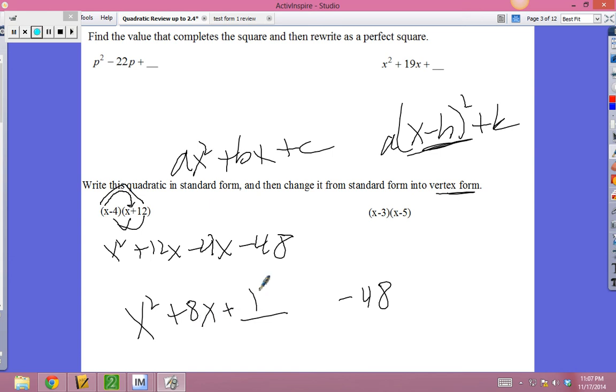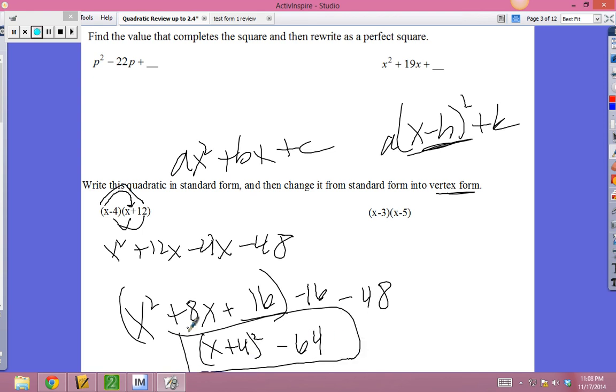Square it, 4 times 4. I want a 16 badly. So I'm going to add my own 16, and then I'm going to take it right away, because if I add 16, take it away, that is adding 0. Adding 0 does not change anything mathematically. So I can write this as x plus 4 squared. Then these two play together. Negative 16, negative 48, they're like terms, so that's negative 64. So this is the vertex form. X plus 4 squared minus 64.